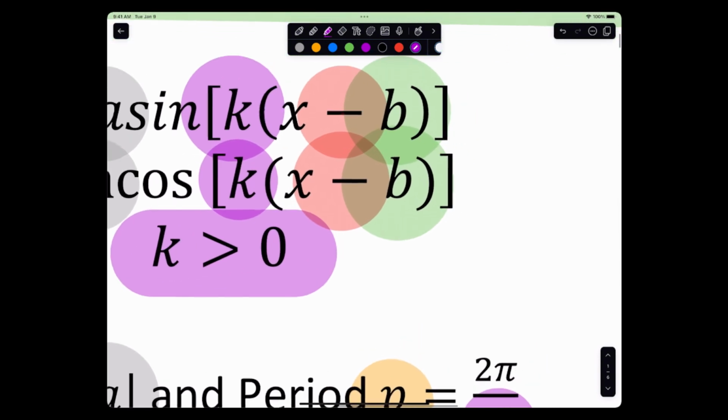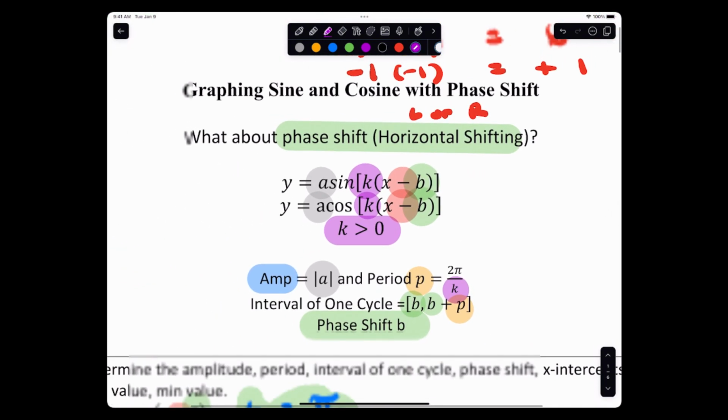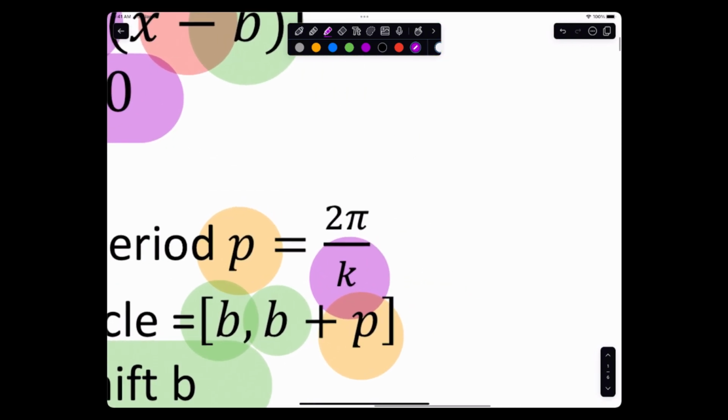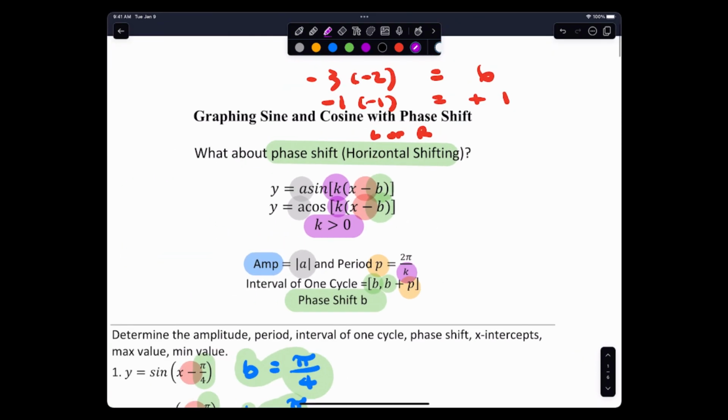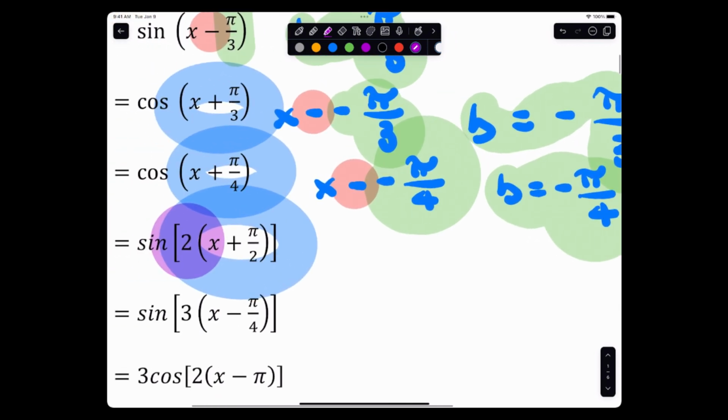Is that true right in here? If you see a K out there in front? So that's the same K you guys use in your what? Period. So if we look at this, you might first start off and say, hey, is it true my K value equals 2? The answer is yes.